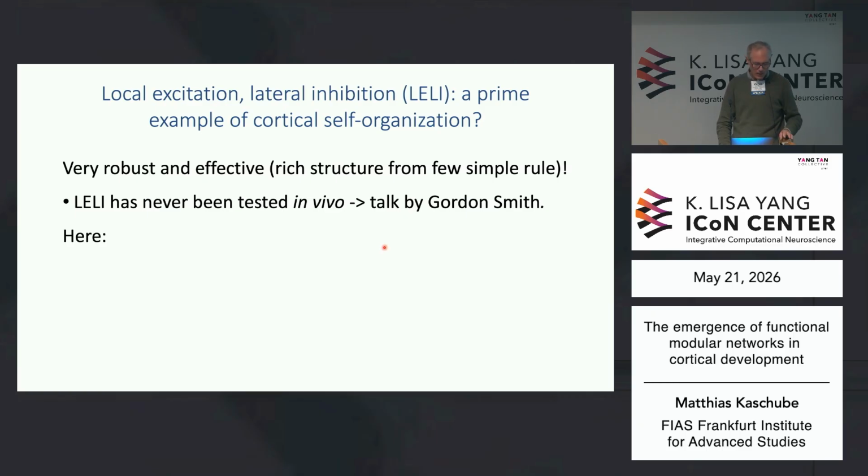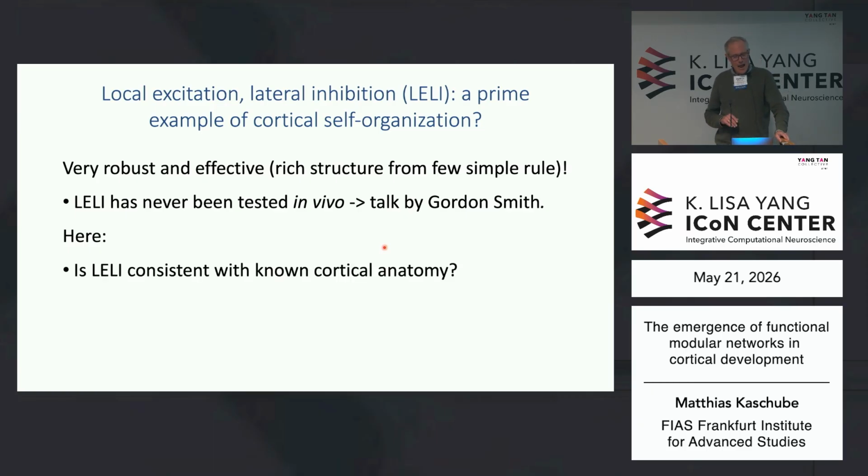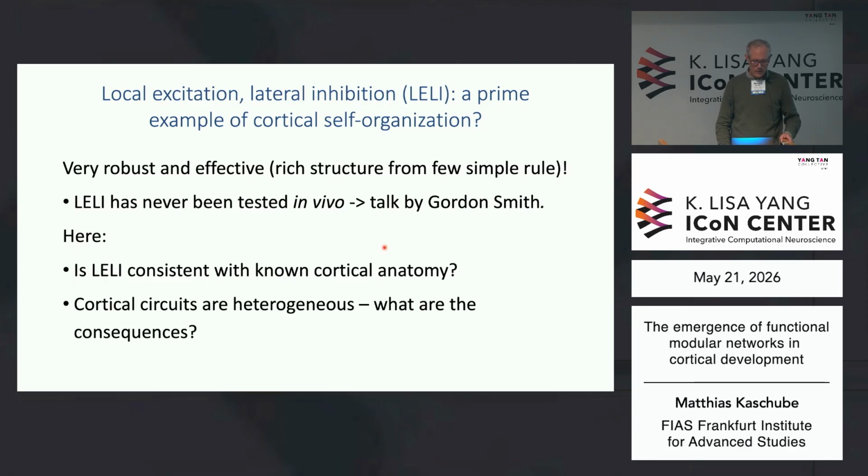What I will discuss here is whether Lilai is actually consistent with known cortical anatomy. This has always been a question for several years already, and I want to show some recent work on this, and also address the question of what happens when you have heterogeneity.